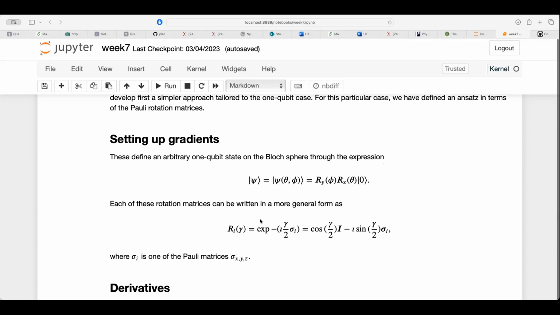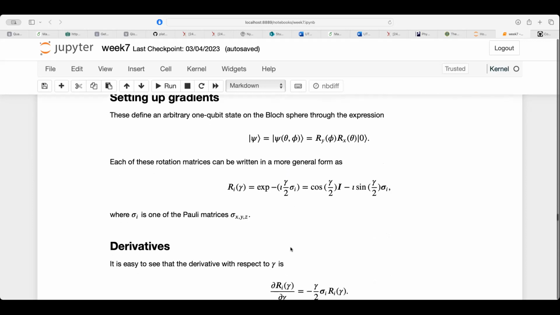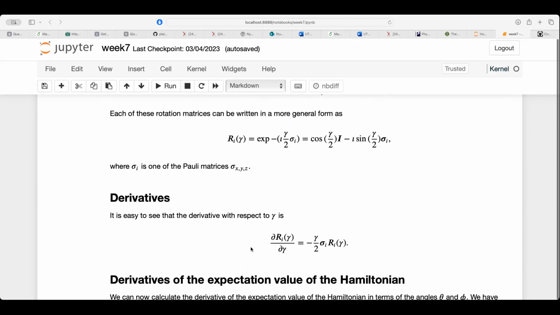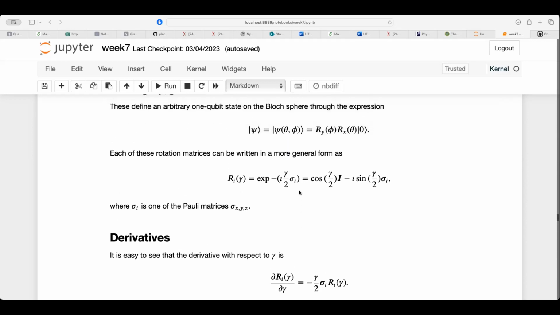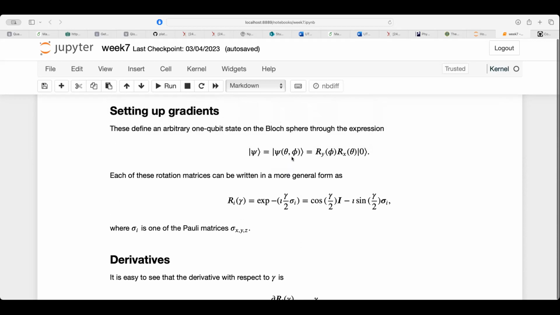So what we need then, if we look at these rotation matrices, is that we can rewrite them like this. So this is just one of the sigma or the Pauli matrices. And then when we calculate the derivatives, we see that these derivatives of these matrices, because this is what we will have to take the derivative of to optimize the energy. So the energy is a function of these angles, which we are putting up here, theta and phi.